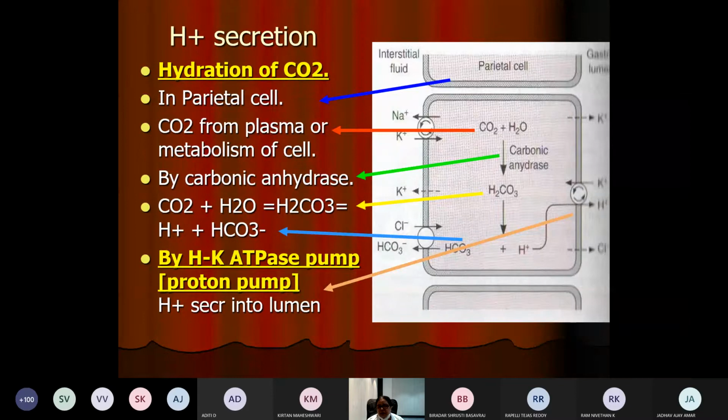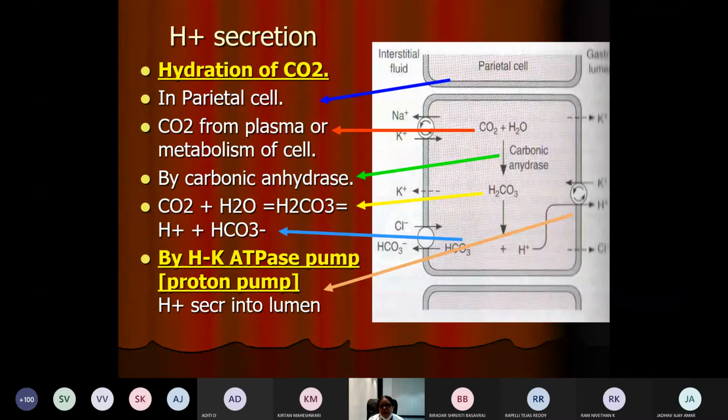CO2 from plasma or metabolism of cell, you can see with red color arrow, in presence of carbonic anhydrase will convert to H2CO3. Carbon dioxide plus H2O gives H2CO3, H plus HCO3.